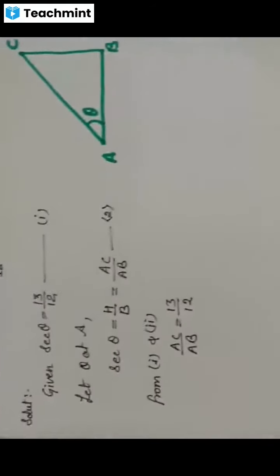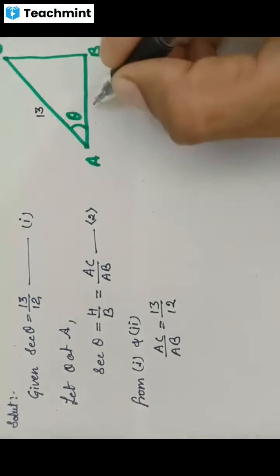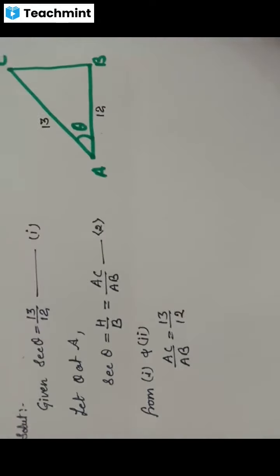On the basis of this, I am going to write AC is equal to 13 and AB is equal to 12. You can see it is clear.